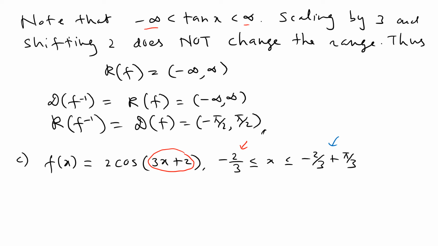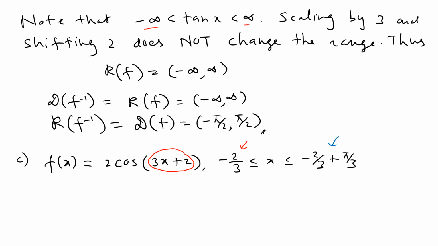So in this domain, 3x plus 2 ranges from 0 to pi. That means the cosine values go through negative 1 to positive 1. But because you multiply by 2, it actually ranges from negative 2 to positive 2.